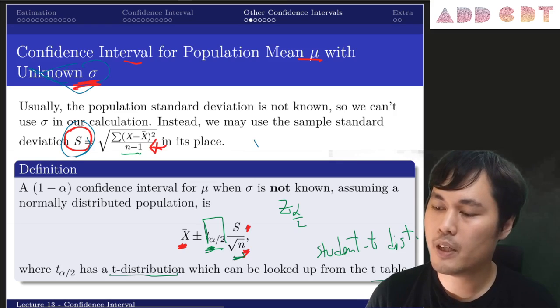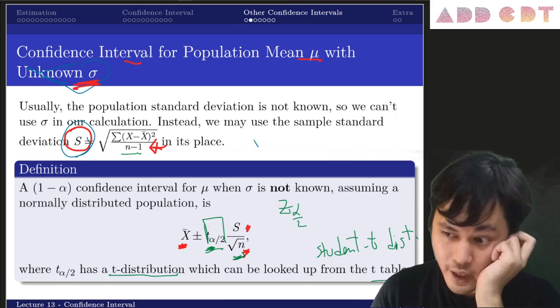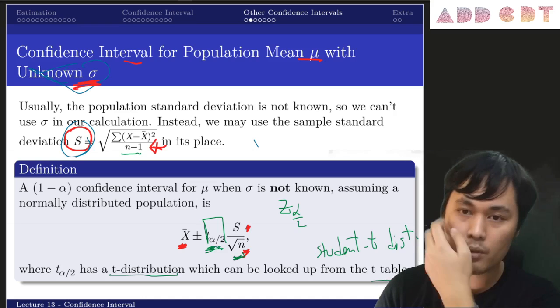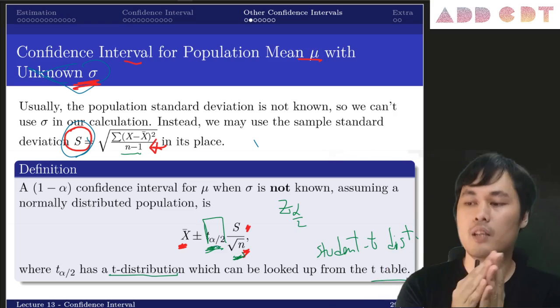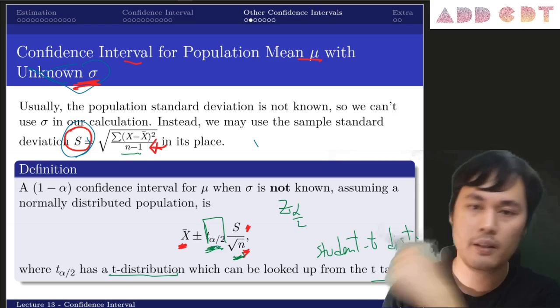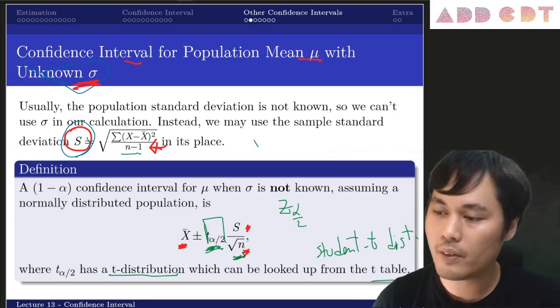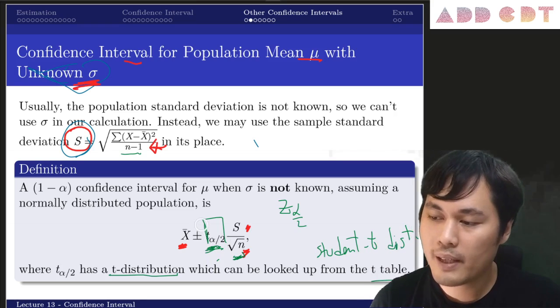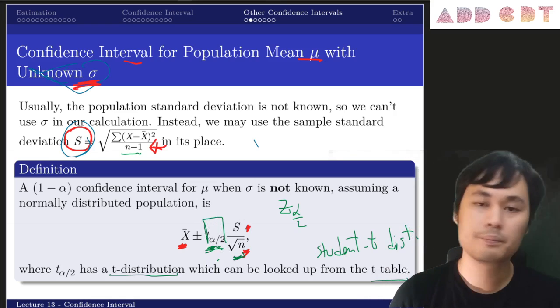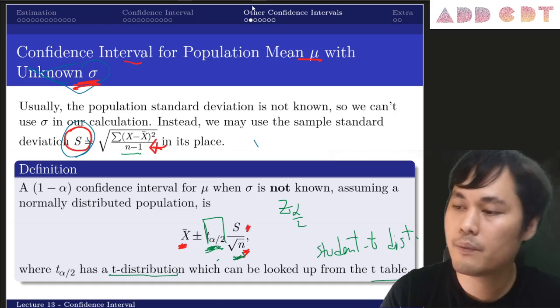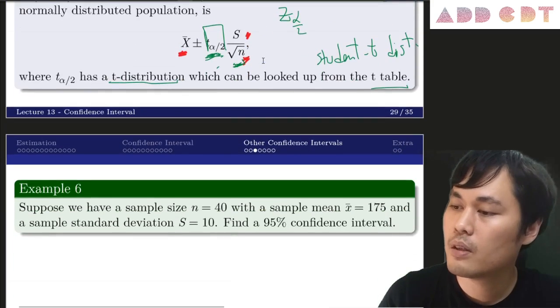If we have n, if we have alpha, then we can use these two numbers to look up the table and get t. And once we get that t, then we can just put it there. You multiply t, whatever you got, by s divided by square root of n, and now you get the interval. So let's go here.